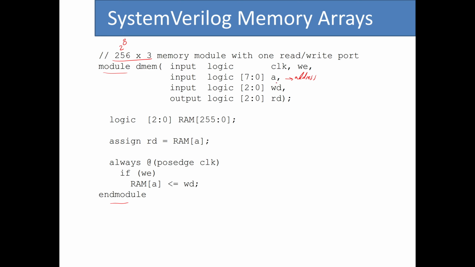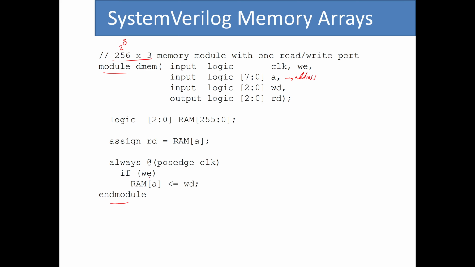So any address that I give, the corresponding value in that address will be read and will be put into RD. On the other hand, if I want to write on it, I use an always statement, which is sensitive to the positive edge of the clock. So after the positive edge of the clock happens, if I want to write anything on the specific memory cell or memory word, I first check the WE signal.